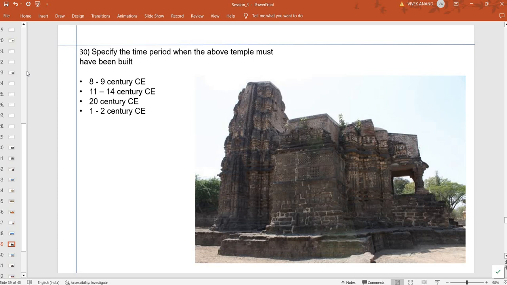If you identify the proper elements, it's very easy to identify. In this part, there is an element. If you identify that, you will certainly say which period this is of.